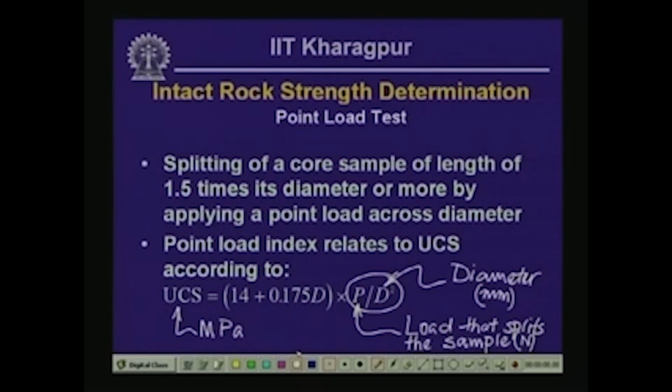So, you have to remember that you can only use this particular equation if you have D, the diameter of the core specimen, in millimeter, and the force that splits the sample in Newton. So, the equation then is UCS is equal to 14 plus 0.175 D multiplied by the point load index, and point load index is given by P over D square.